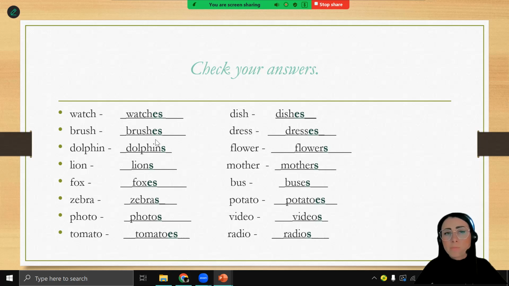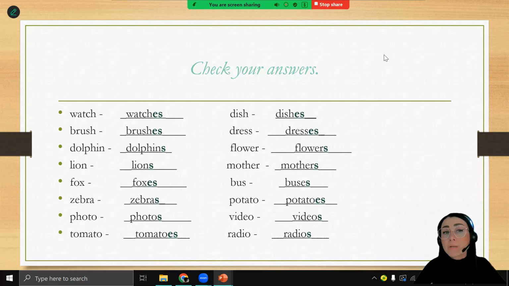Watches, brushes, dolphins, lions, foxes, zebras, photos, tomatoes, dishes, dresses, flowers, mothers, buses, potatoes, videos, radios.